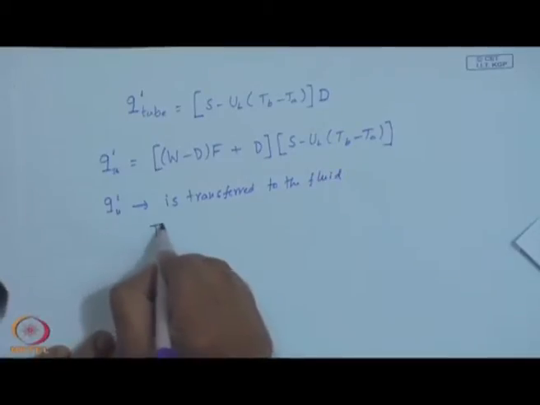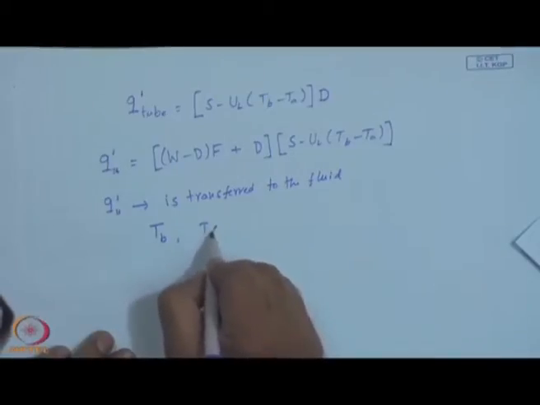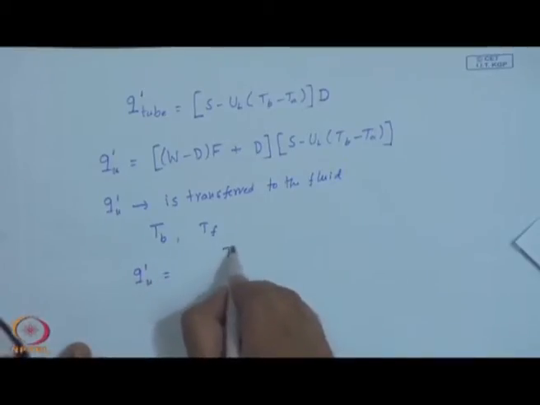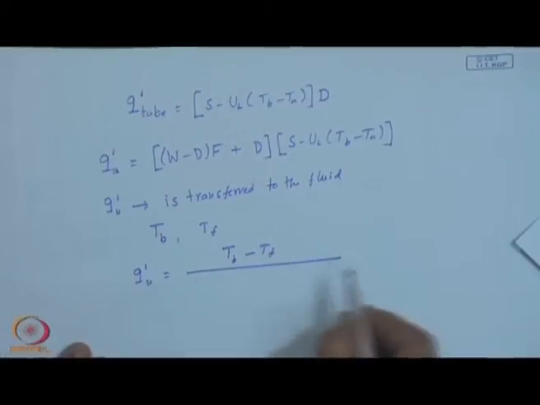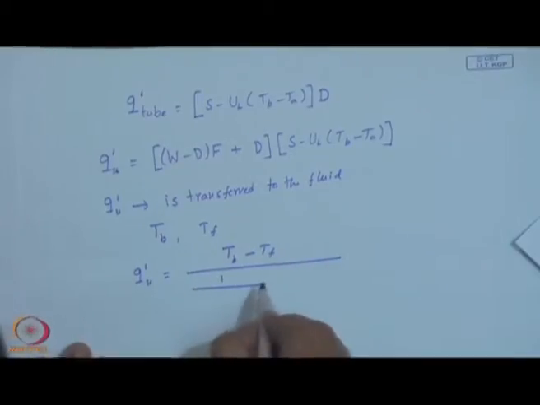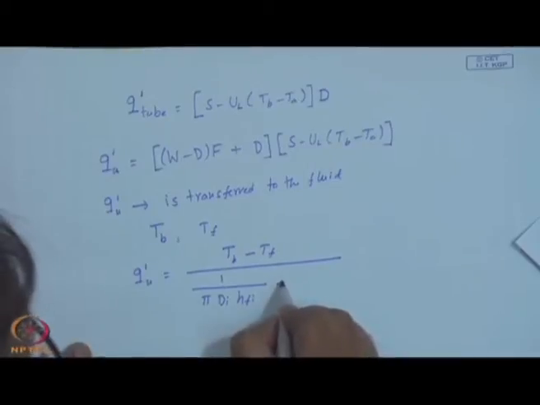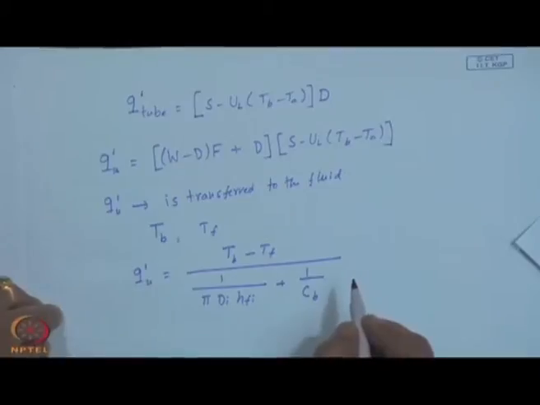So if T_b is the tube temperature and T_f is the fluid temperature, my Q_u' should be transferred with a potential of temperature difference T_b minus T_f, upon the convective resistance 1/(pi D_i h_fi) plus a resistance due to bonding between the tube and the plate.